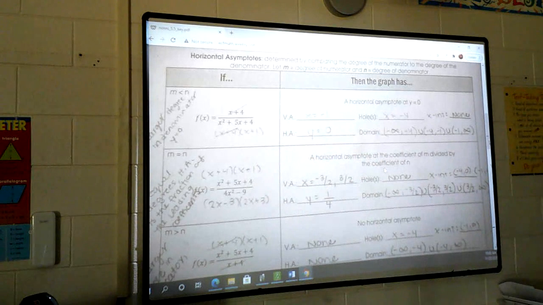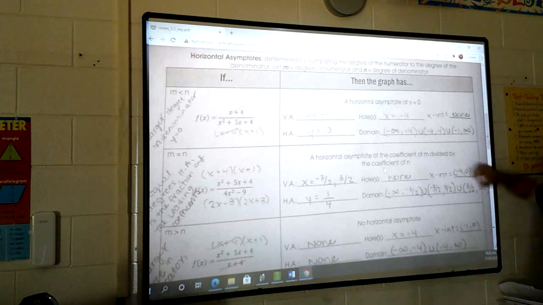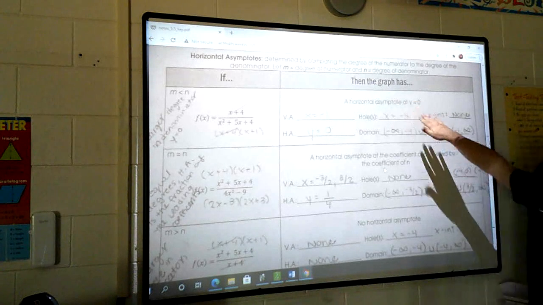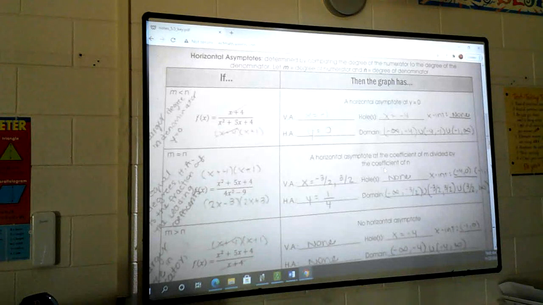Now, x-intercepts are what's left in the numerator. There was nothing left in the numerator, so I have no x-intercepts. There's none. So that top line is all the things we've done so far: the vertical asymptotes, the holes, and the x-intercepts. Now, here's how you know about the horizontal asymptote. Horizontal means as it's going left and right, where is it going to? Okay? It says if m is less than n.